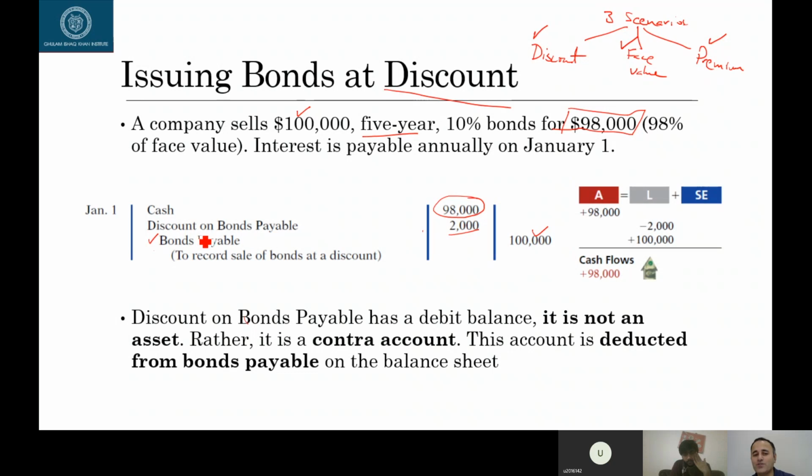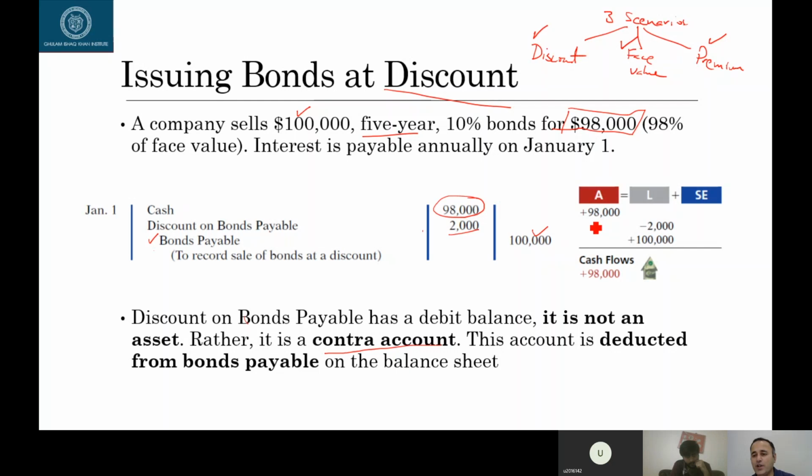This one is discount on bond payable. This is actually a contra account entry. Just like for depreciation, there is an entry called accumulated depreciation. Whatever depreciation is accumulated over time is like a contra entry, right?